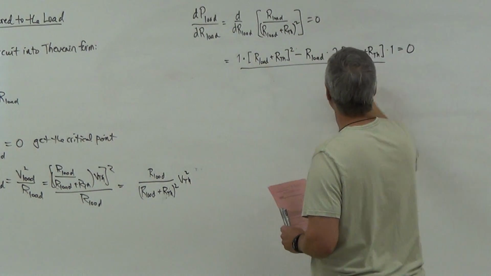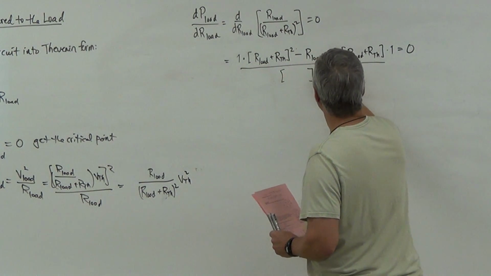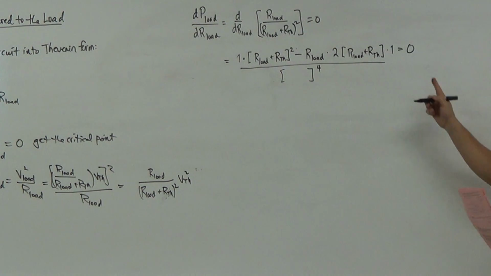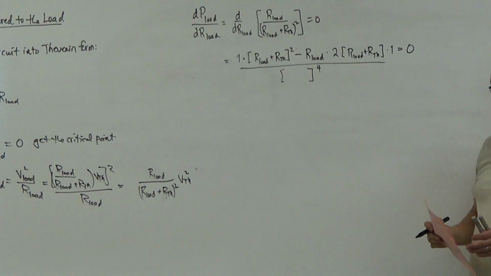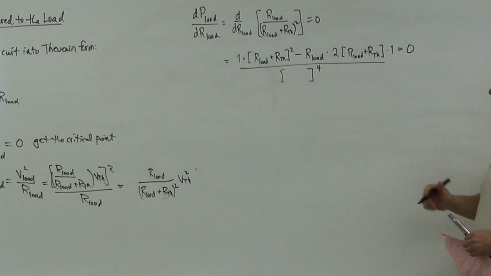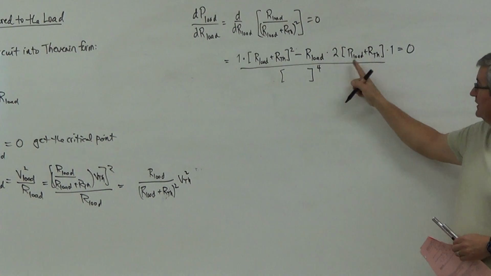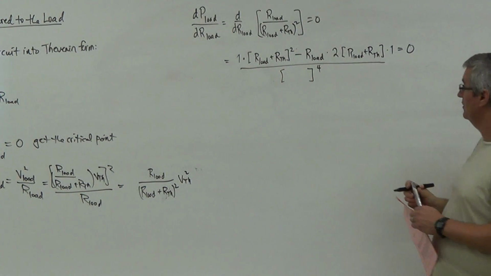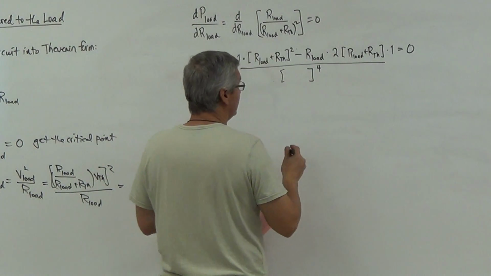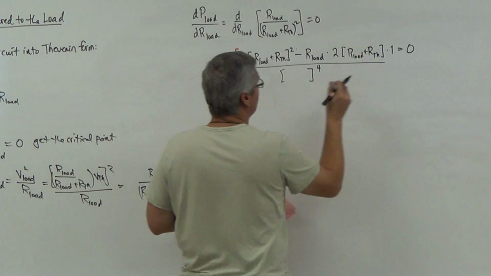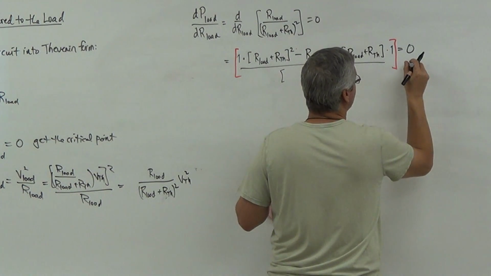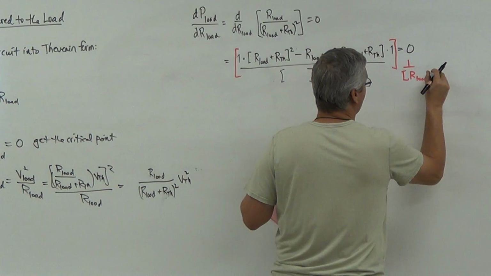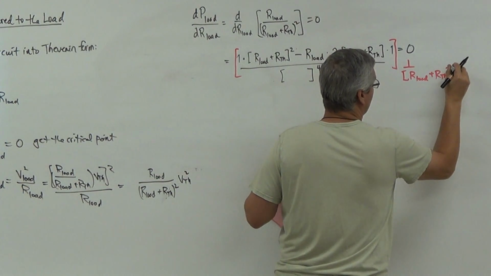Note that there is a denominator, but that denominator is positive, so I don't care. I just focus on the numerator. One thing you see right away is that this bracket is the same as that bracket. So if I factor this out, I multiply this whole quantity by 1 over R load plus RTH.